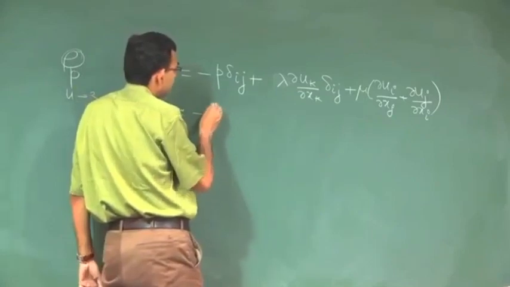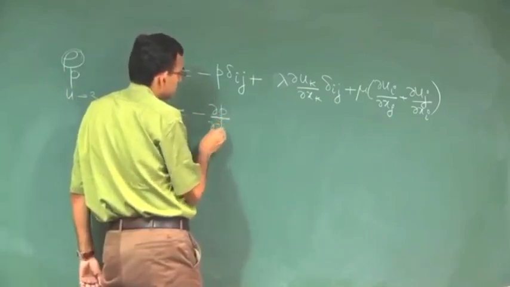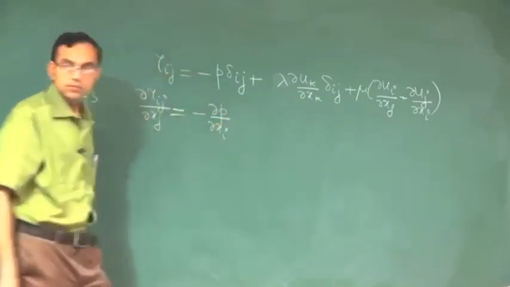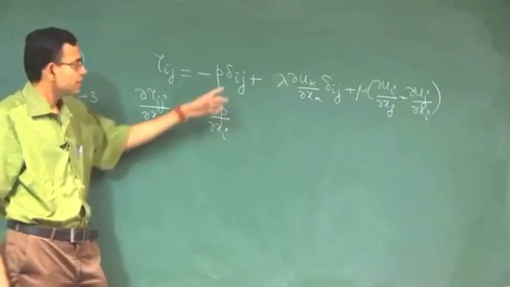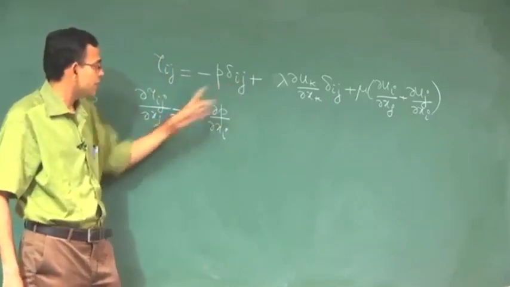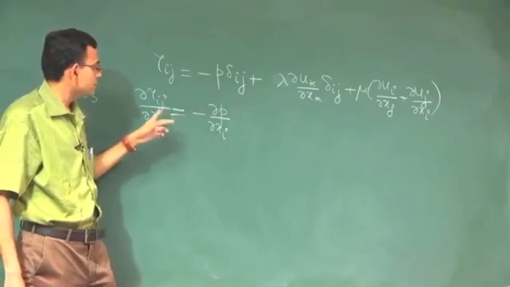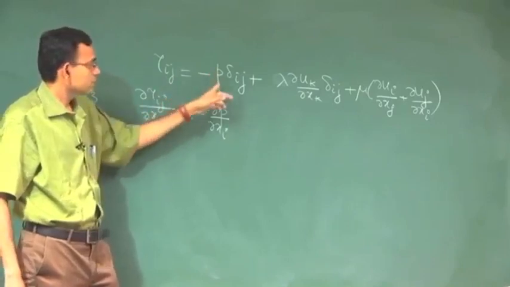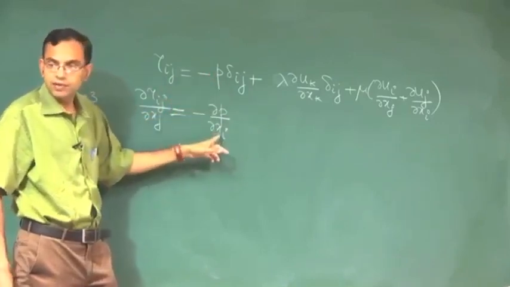So, this will become, the first term, delta ij is 1 if j is equal to i. So, this will become the xi derivative.